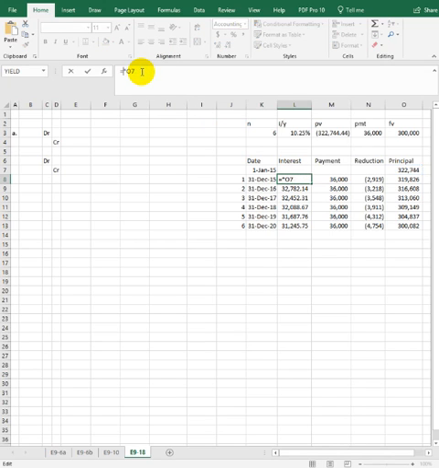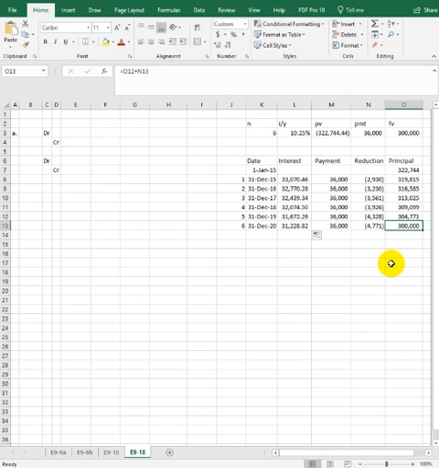We can just go up here. We'll pick that, and we'll make it permanent with an F4. If you just click on F4, it uses that same exact reference. So we've got an absolute column reference and absolute row reference. So we can hit that, and then if we just copy that all the way down, there we go.